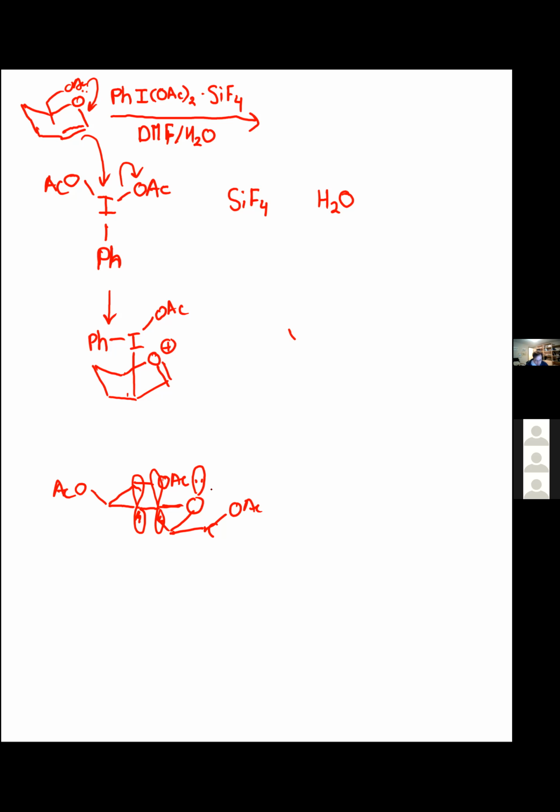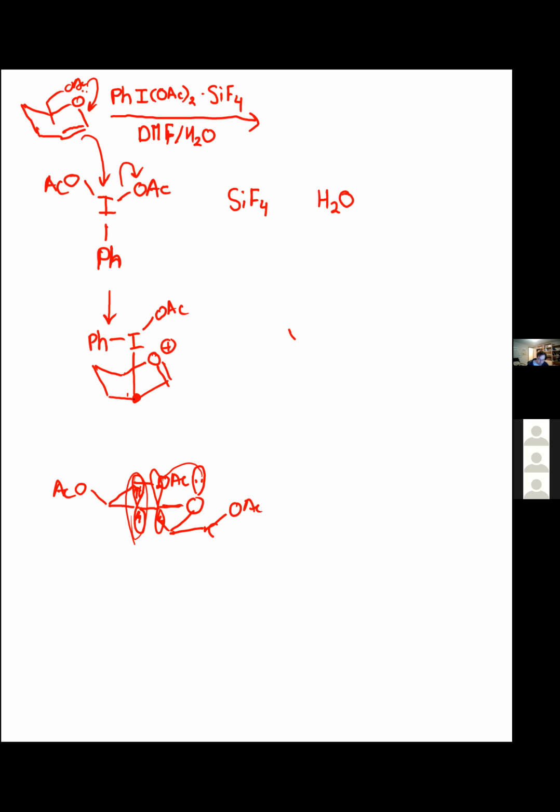What we can do is, let's say we're trying to make this new double bond here, which is going to release the lone pair into this orbital here. So we're releasing the lone pair into the C2.